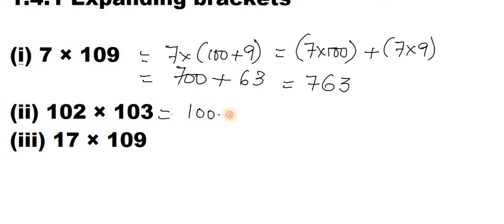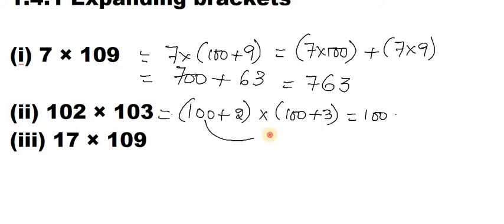So here we will go for two brackets, 102 into 103. We will write it like this. 100, first we will go with 100 into 100 plus 100 into 3.